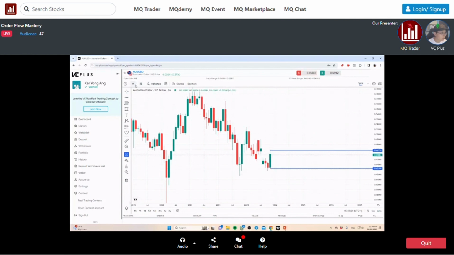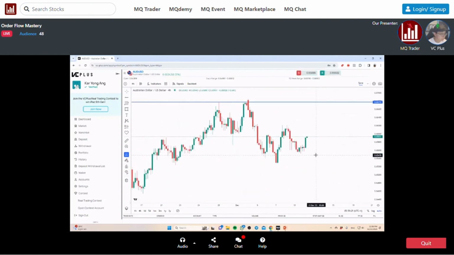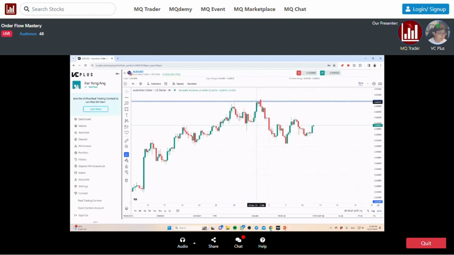Now if you go down to the 4-hour chart, we have this sweep. You can see that, right? That's what I meant by liquidity sweep, because that's the month high. This month, the market went up and broke it a little bit, but did not really close or continue. It starts to give us a change in character.